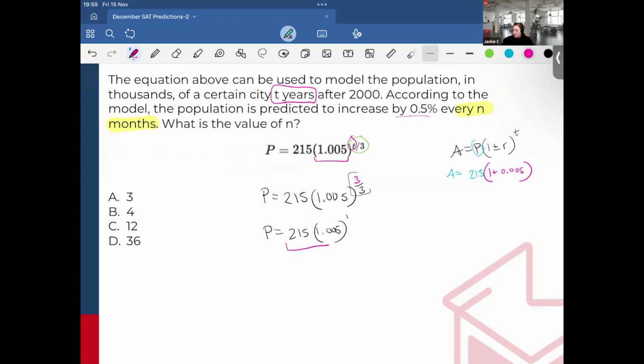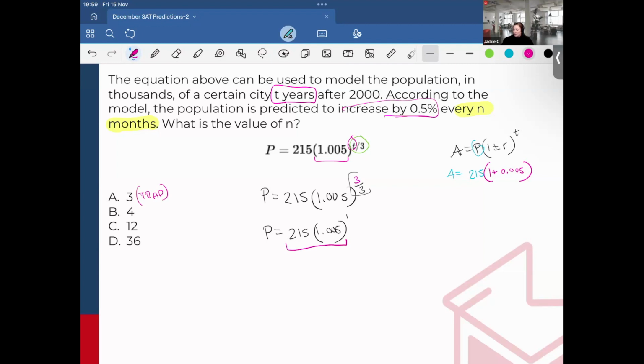But what this is showing is what's going to result in an actual increase that causes the population to increase by 0.5%. Does that make sense? However, that could be a trap answer.